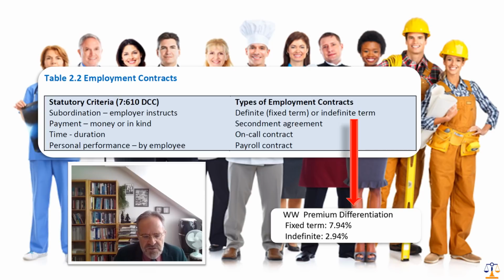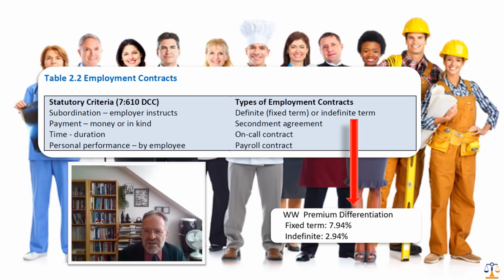It's a percentage of the salary with a maximum, but the percentage to be paid is linked to the type of contract. So if an employer has employed people on an indefinite term contract, the percentage is around 3%, but if he uses definite fixed term contracts, the percentage is almost 8%.